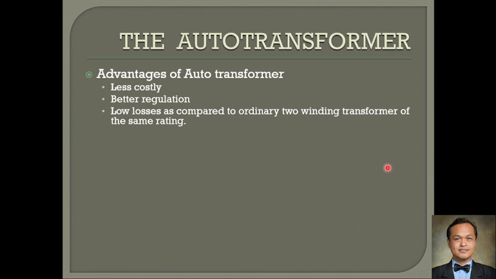As you can see in the figure itself, the ordinary transformer windings are not physically connected, while the auto transformer windings are physically connected. So an ordinary transformer has a leakage loss, while an auto transformer has lesser leakage loss because they are physically connected.